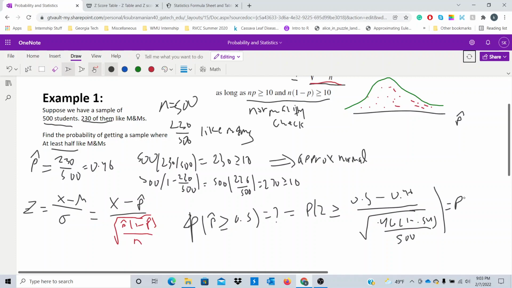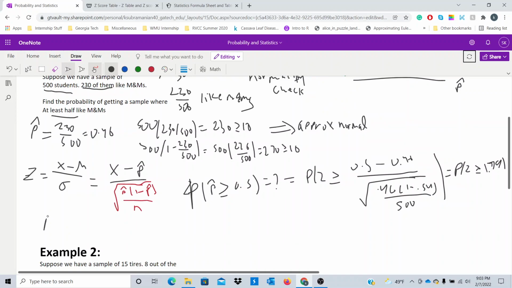So this is going to be the probability of getting a z-score at least... So the z-score we're after is getting a z-score above 1.79 approximately, rounding to the nearest hundredth. Okay, so we want the probability of getting a z-score at least 1.79.